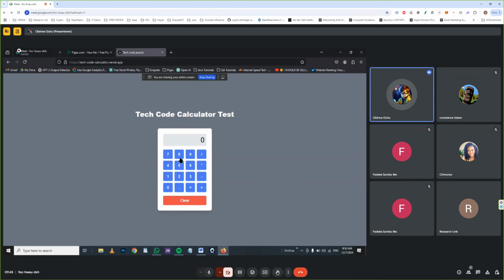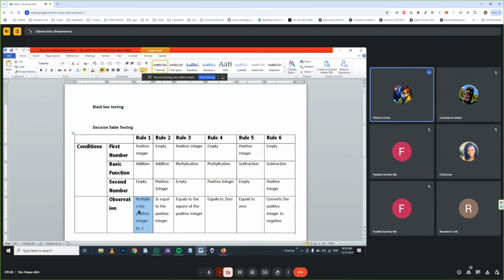A positive integer, maybe say 8, plus nothing. My observation is it multiplies the positive integer by 2. That is what I discovered here.